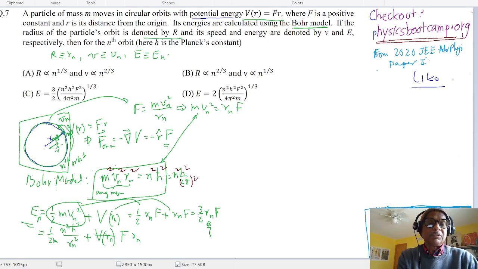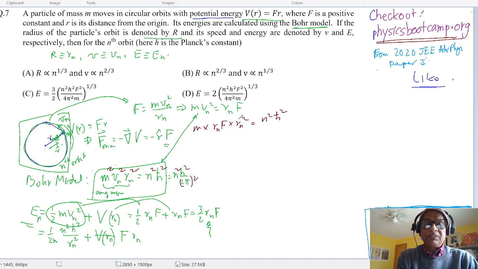So that will be m times, for m vn square, Rn F, times Rn square equals n square h bar square. I'll just keep the pi's inside there.